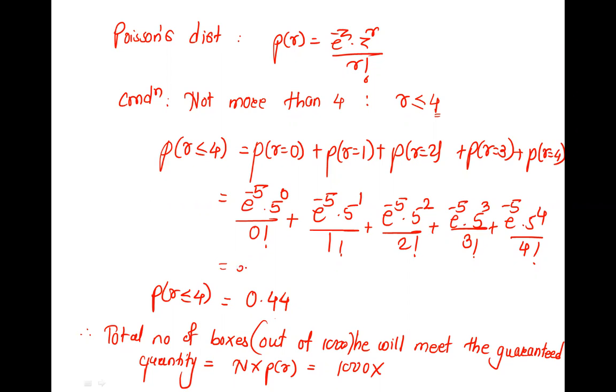The first is 6.73 into 10 raised to minus 3, if you have solved it separately, plus 0.03368, plus 0.08422, plus 0.14037, plus 0.175467, if you have solved them separately.